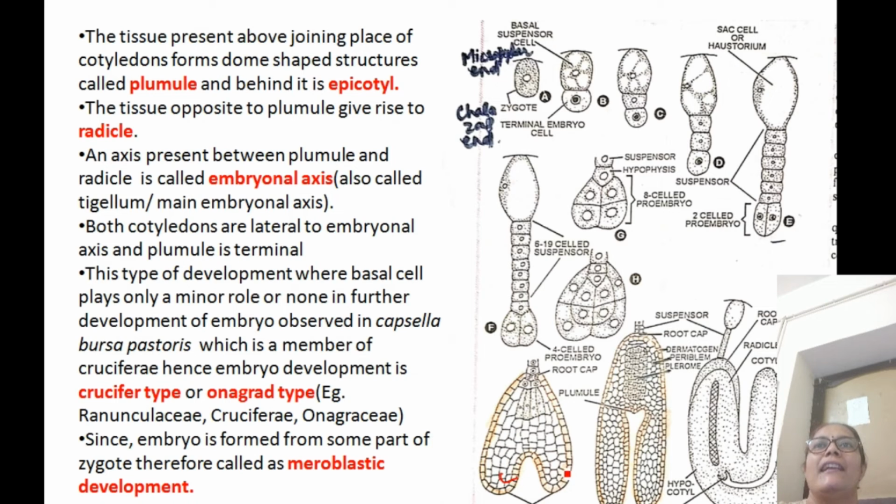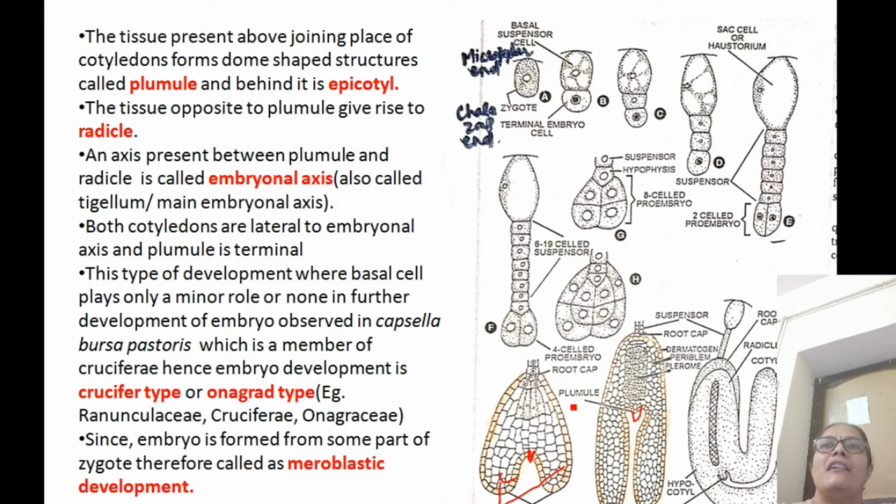You see the diagram, you can see this is heart-shaped embryo, and these are called lobes, and it extends further, hangs downward and becomes curved. So the tissue between the 2 cotyledons, where it joins, that tissue becomes dome shaped.